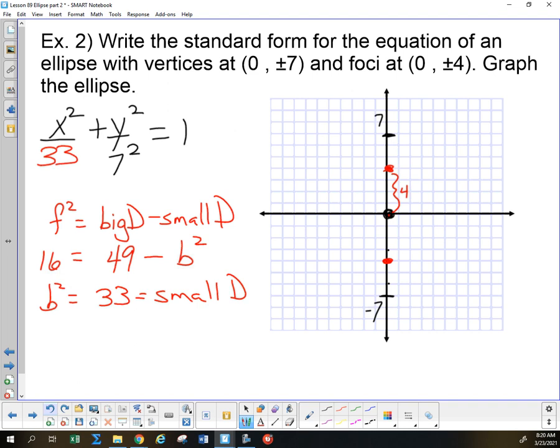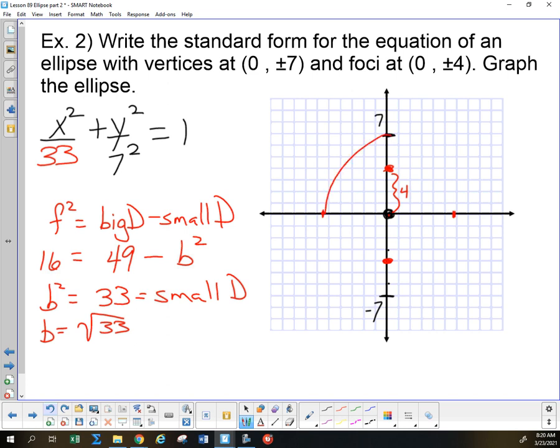But the distance that I actually go for the coordinates is the square root of that. That's between 5 and 6, since 33 is between 25 and 36. So 1, 2, 3, 4, 5, somewhere in between there.